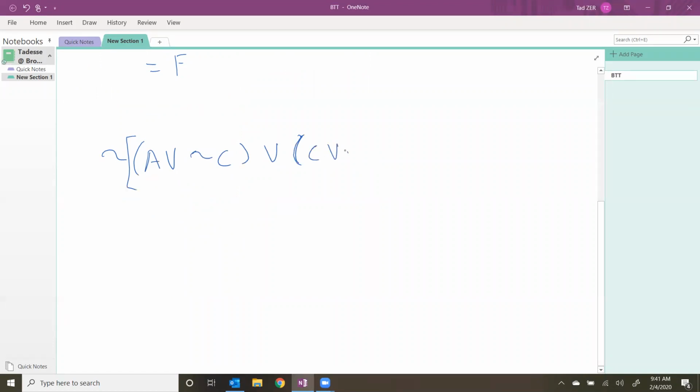So you see this negation is for everything. I have one group here, I have to work on that. After that I have the negation.